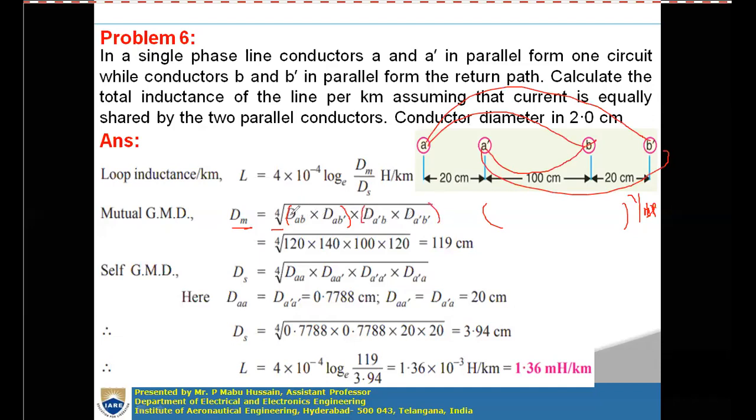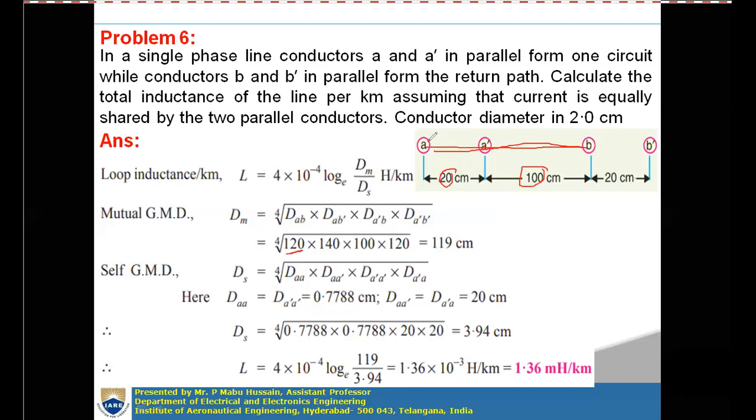Now you have to know all these distances: DAB, DAB dash, DA dash B, DA dash B dash. From the given circuit diagram, DAB, from here to here, is 20 plus 100, so 120 centimeters.